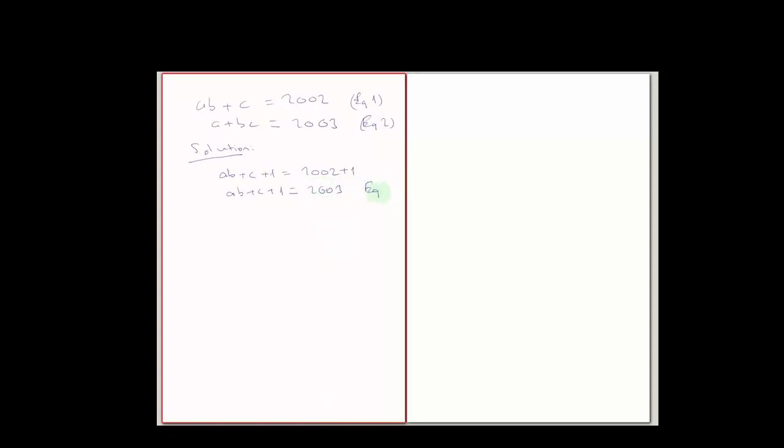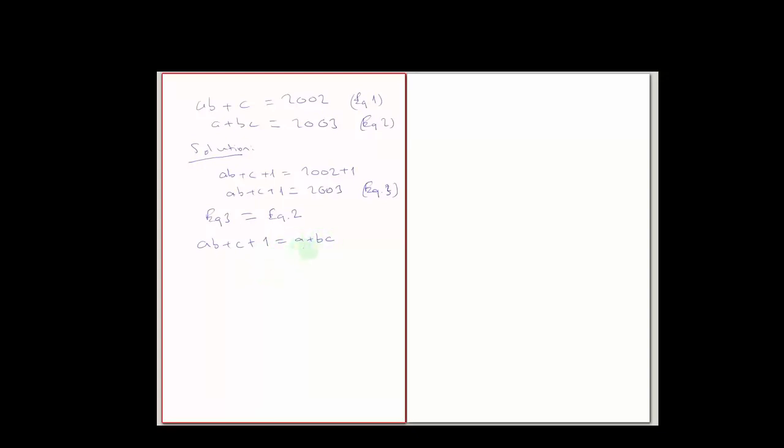Let's label this as equation 3. Then equation 3 is equal to equation 2, right? Then we can write AB plus C plus 1 is equal to A plus BC.